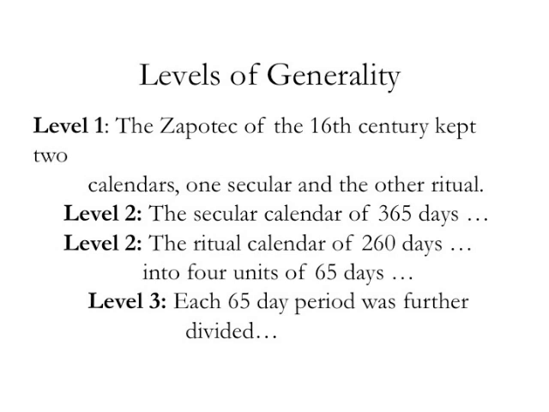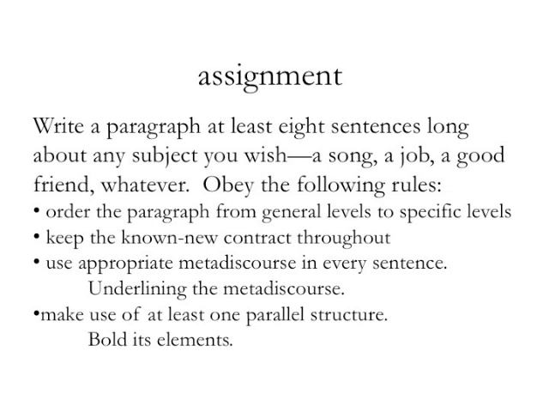The second level of generalization here contains both the sentences about the secular calendar and then the ritual calendar. After we are finished with understanding something of the ritual calendar, we learn something more at a third level of generality about the secular calendar. So we're getting more and more specific as we move forward, and that's the idea, moving from the general at the beginning of the paragraph to the specific as we move forward.